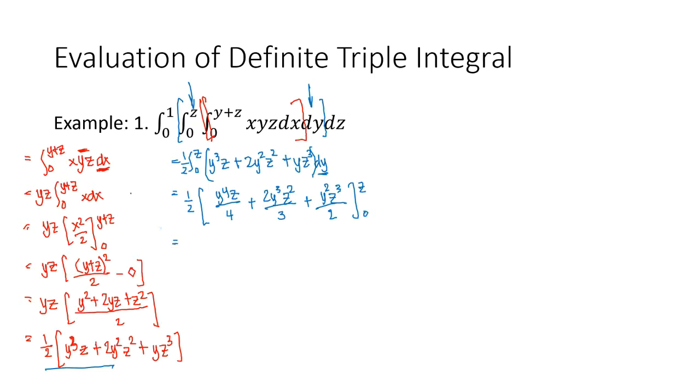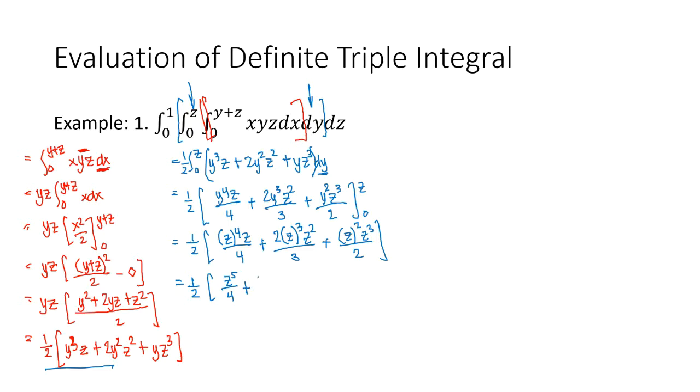Now, substituting the limits to our variable y, we have 1/2 times z to the 4th z over 4 plus 2 z cubed z squared over 3 plus z squared z cubed over 2. So if you would simplify this, z to the 4th and z is equivalent to z to the fifth over 4.